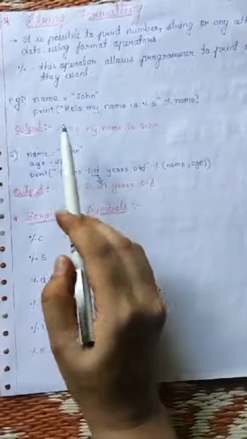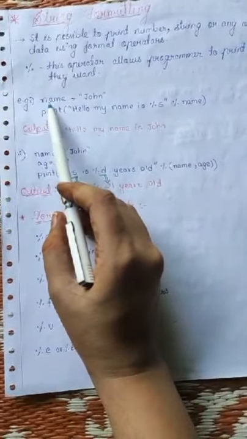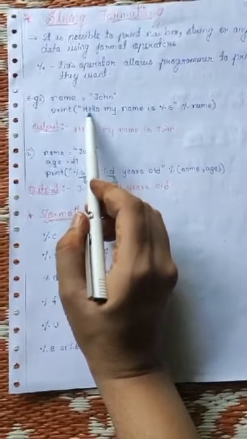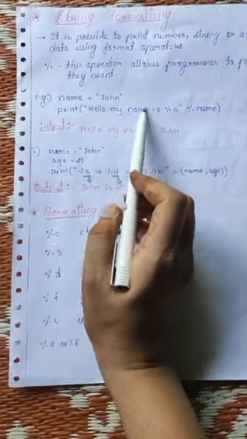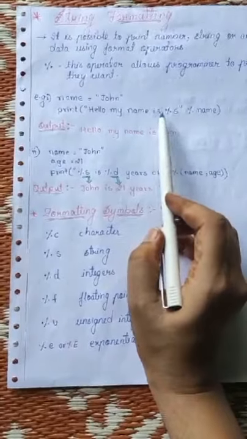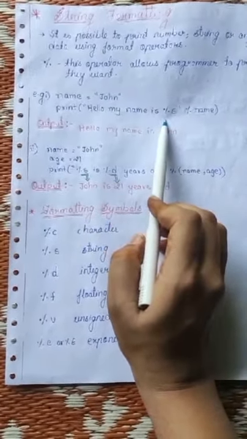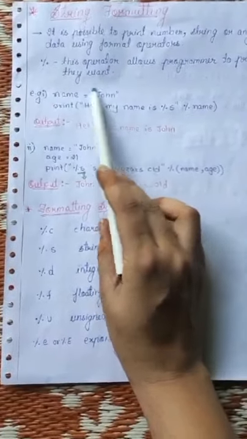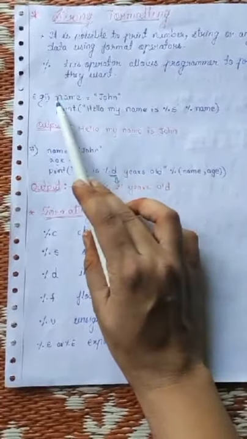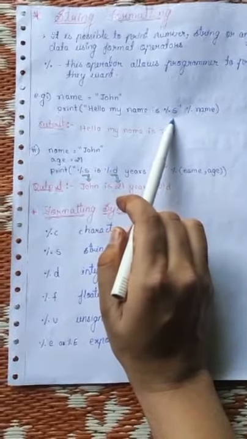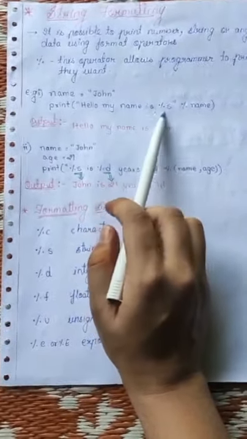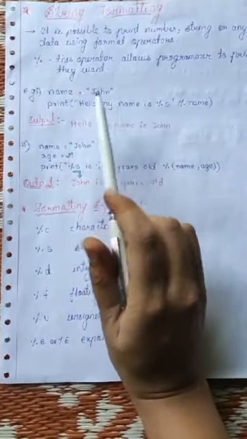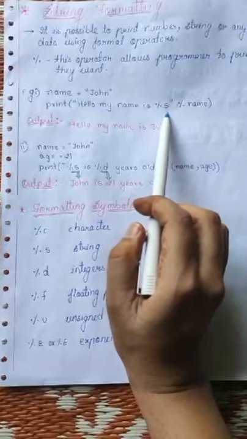See here, as you can see in an example, I have declared a variable John, right? So here I am printing the sentence, hello, my name is. Now after is, I can directly write John over here, or if it is being entered by the user, if it is not predefined, I should write the variable name over here. So when I want to display such things, instead of directly writing the variable name, I can write the %s operator.